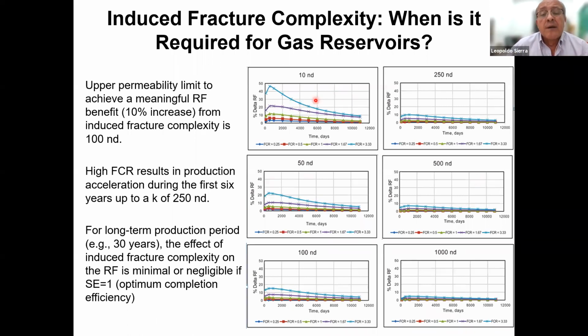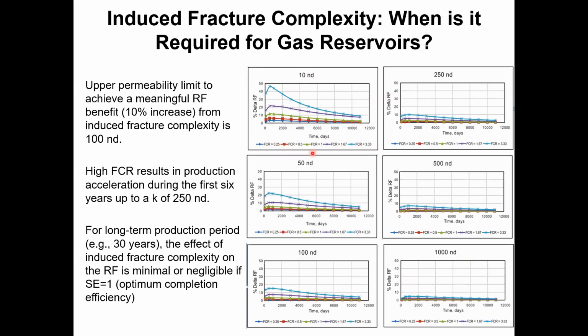So for that, you can see that we ran many simulations for different permeabilities, from 10 nanodarcies to 1,000 nanodarcies. You can see, for example, here for 10 nanodarcies, we are using different fracture complexity ratios, from 0.25 up to 3.3.